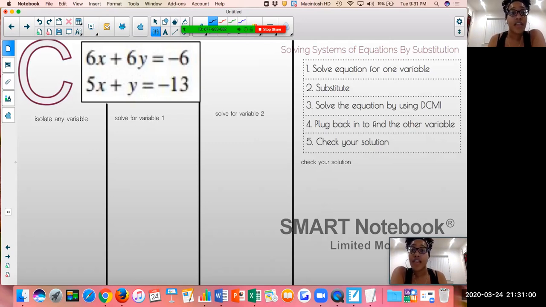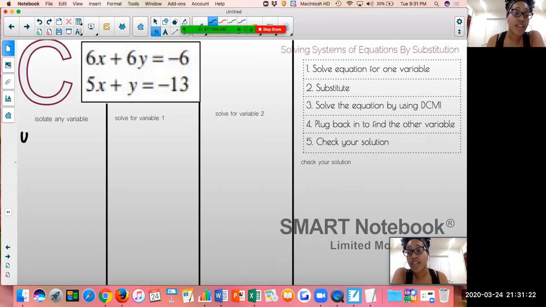I'm going to isolate the variable that is the closest to being by itself. There's an x and a y in each of these equations. This x is next to a 6, this y is next to a 6, this x is next to a 5, and this y is by itself, right? So that makes it just a little easier to isolate.